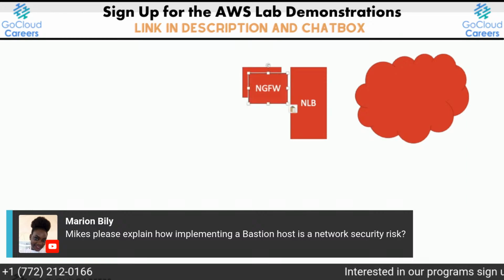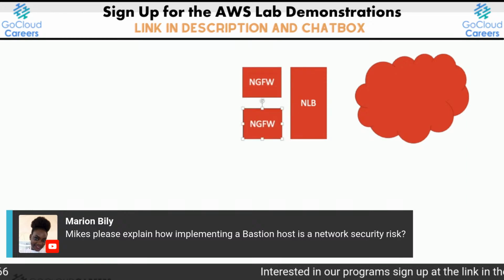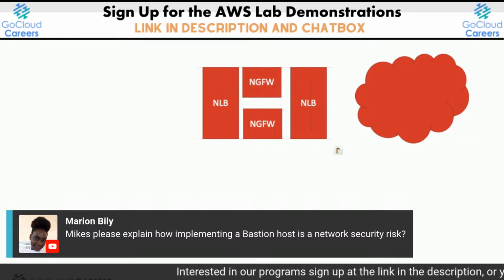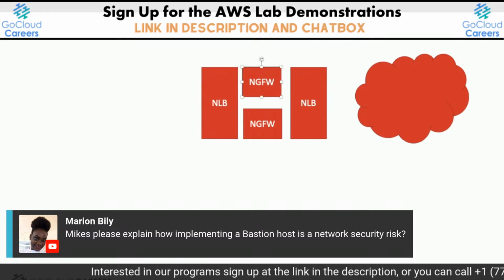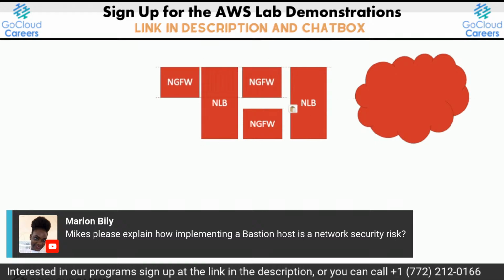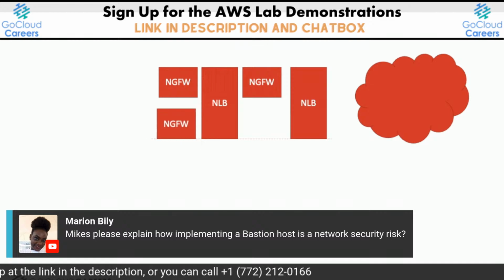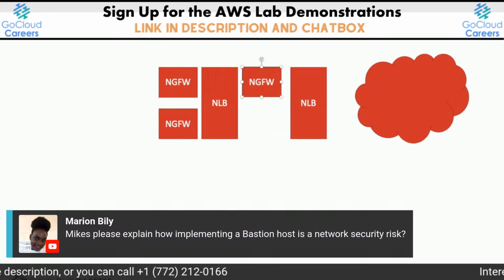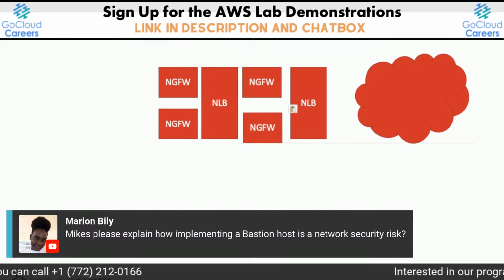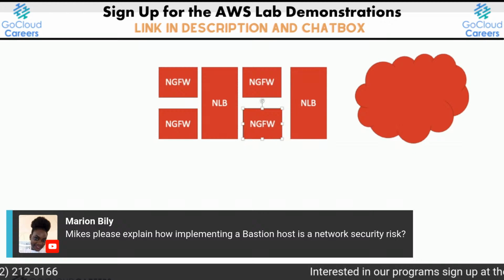And if it really matters, like for real, we're going to have another load balancer and another set of next generation firewalls from another company. Because if you get through the Cisco firewalls, you're probably not going to be able to get through the Palo Alto firewalls. So we're going to have two sets of firewalls. And then what we're typically going to do is we're going to have an access control list.